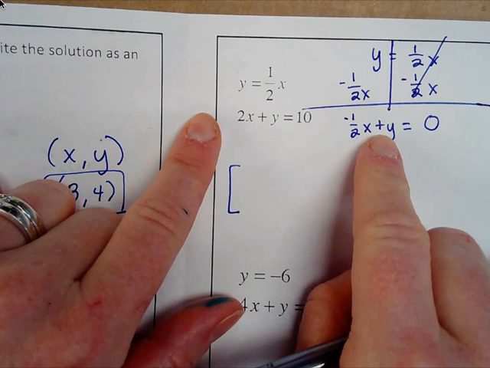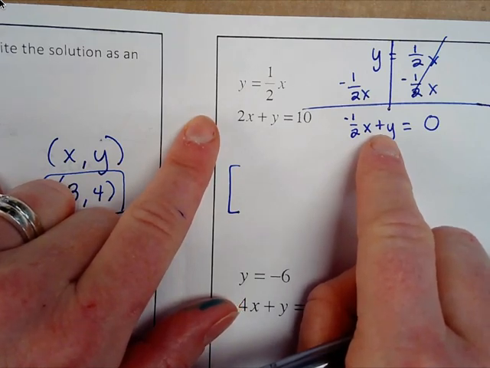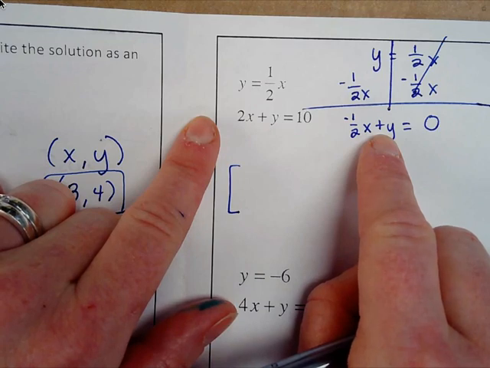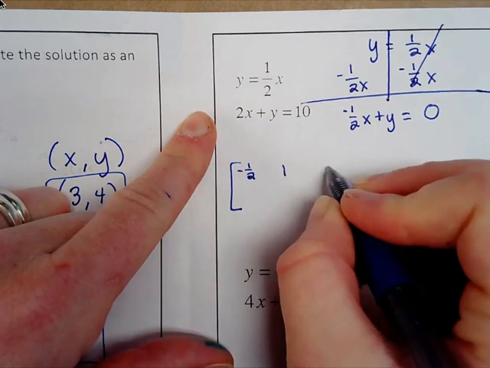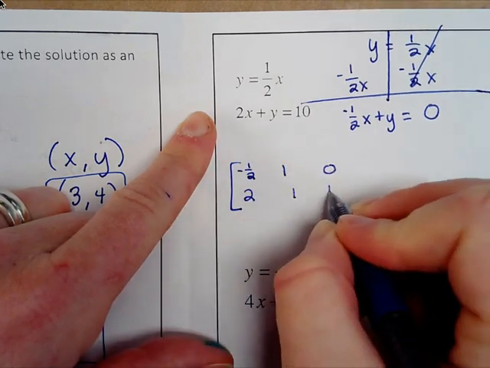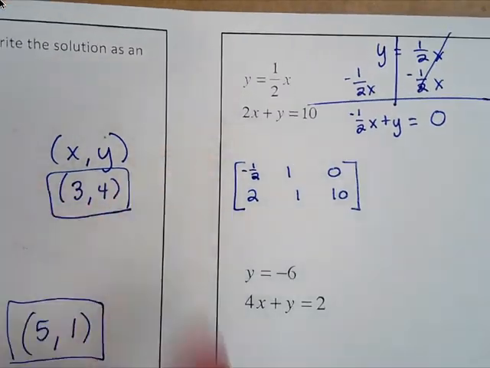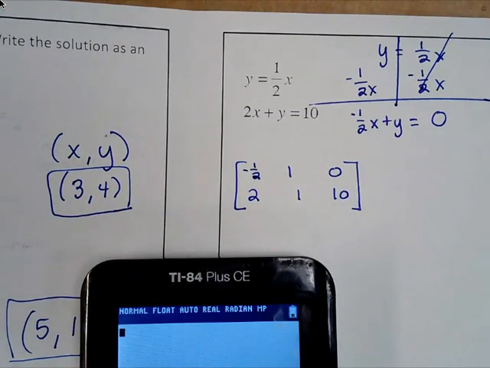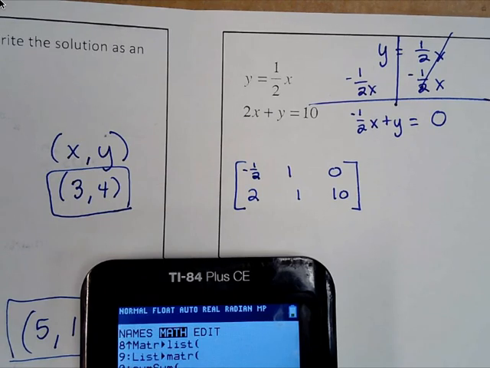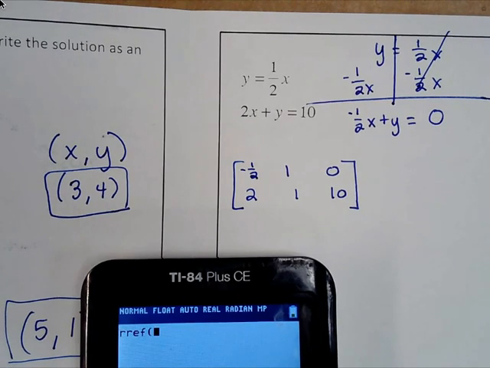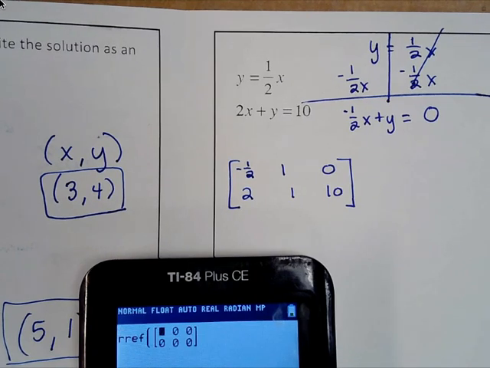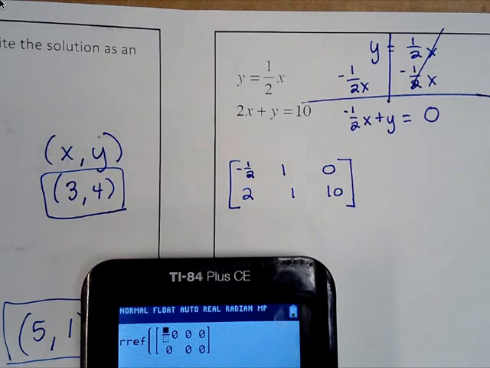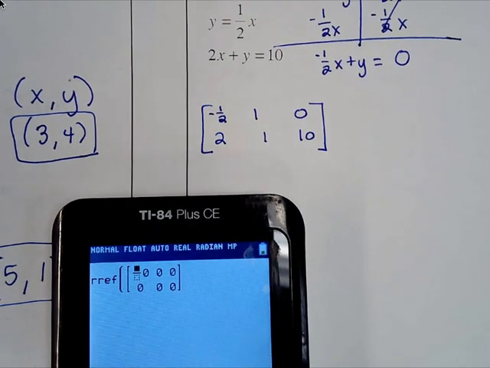Also, it doesn't matter which equation you put on top. Can we use it as a decimal? Yeah, you can use that as a decimal. I think you can put it in as a fraction, can't you? You should be able to. Yeah, you can put that in.